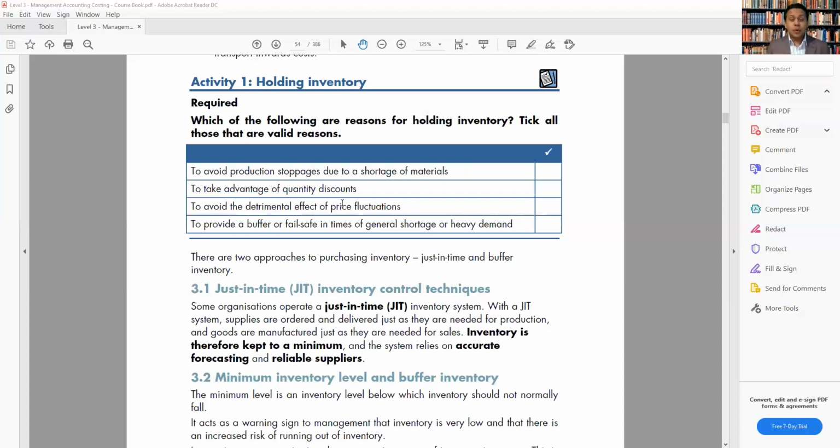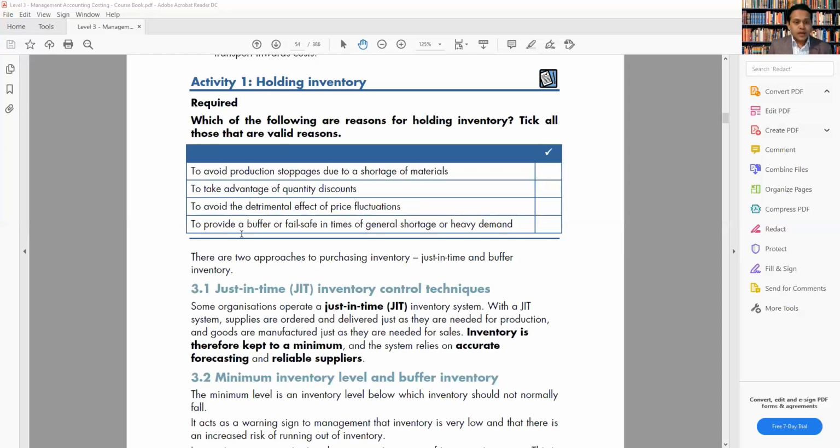If we buy more, we will receive some quantity discount. Do you think it is a valid reason? Then, to avoid the detrimental effect of price fluctuation. Maybe the price of the raw material can go up, so that's why I'm buying something in advance. If you think it is a valid reason, we can consider that.